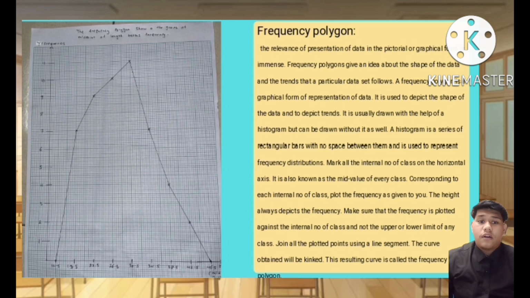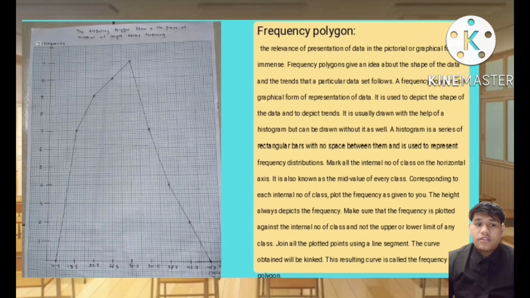The relevance of presentation of data in pictorial or graphical form is immense. Frequency polygons give an idea about the shape of the data and the trends that a particular data set follows. A frequency polygon is a graphical form of representation of data.